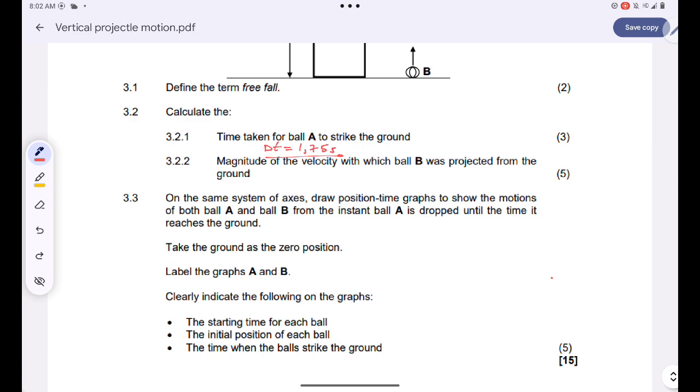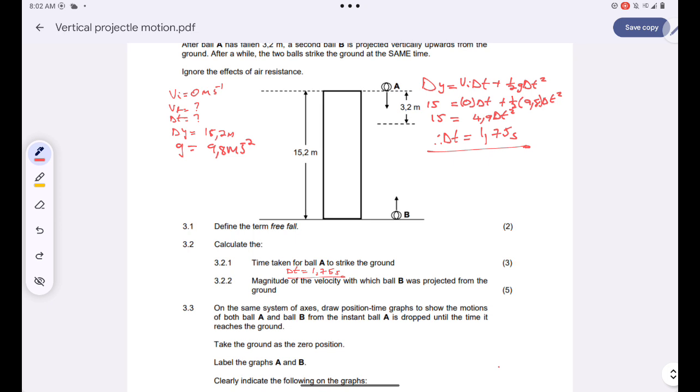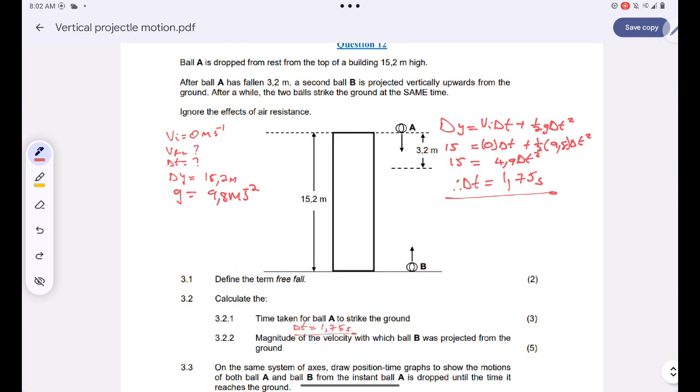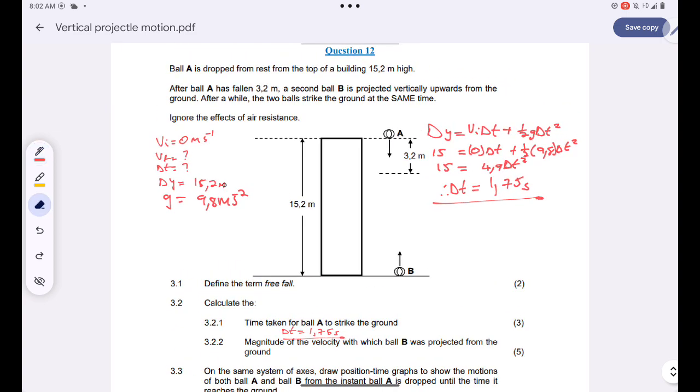Now we must calculate the magnitude of the velocity with which ball B was projected from the ground. Remember that ball B was projected after the other ball had fallen for 3.2 meters. However, ball B and ball A will reach the ground simultaneously. Let's find out how long it took ball A to drop 3.2 meters. Displacement now changes to 3.2.